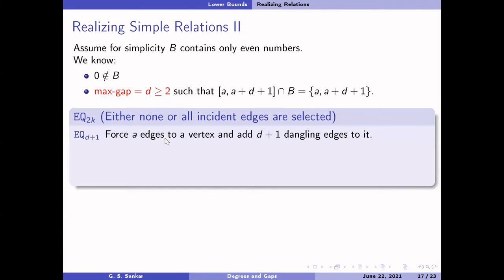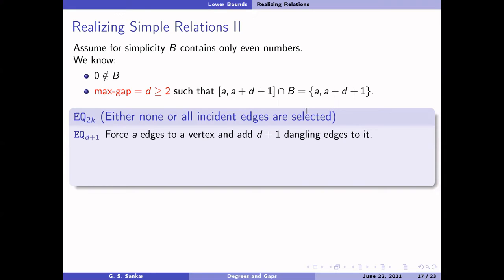The second step is to realize an equality node. And an equality node can be done the following way. You take a node and you force A edges using the previous construction, where A is the integer such that there's a gap between A and A plus D plus 1. So remember, you have nothing between A and A plus D plus 1, but both of these numbers are in the set B. So you force A edges to a vertex and you add D plus 1 dangling edges to it.